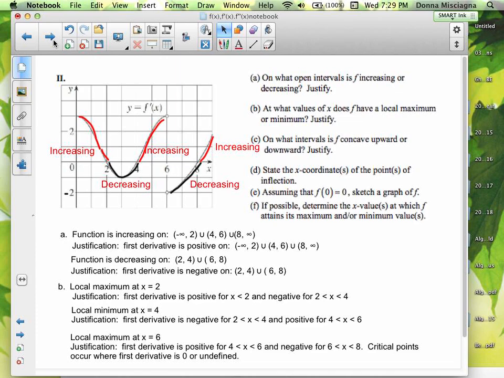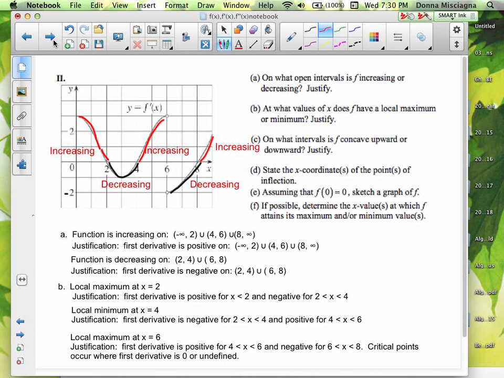Question B says, at what values of x does f have a local maximum or minimum? Justify. We have a local maximum at x equals 2. Justification: the first derivative is positive for x less than 2, and negative for values between 2 and 4. And I should add one other thing.